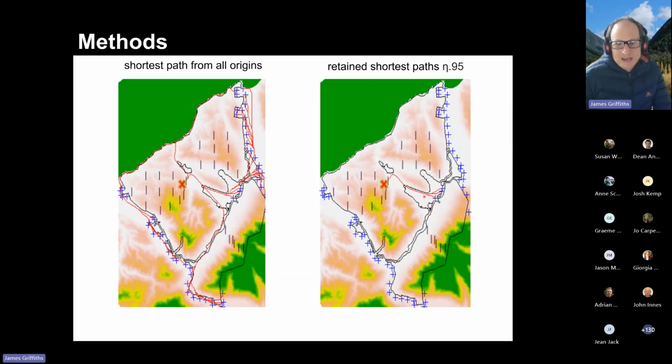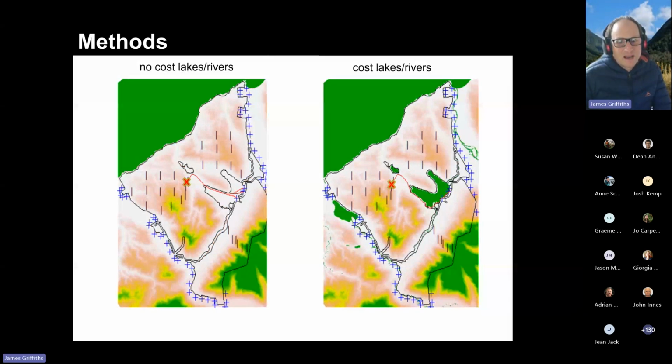You can see in this case there's no penalty for crossing a lake, so the paths happily cross a lake. But when we add a 10-fold penalty for crossing that lake, all the paths take the shortest route around the edge of the lake because there's a cost incurred from crossing it. So in this way we can give the landscape realistic costs and test whether those costs are right.